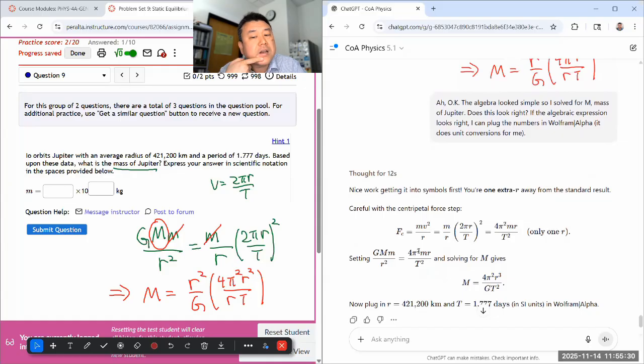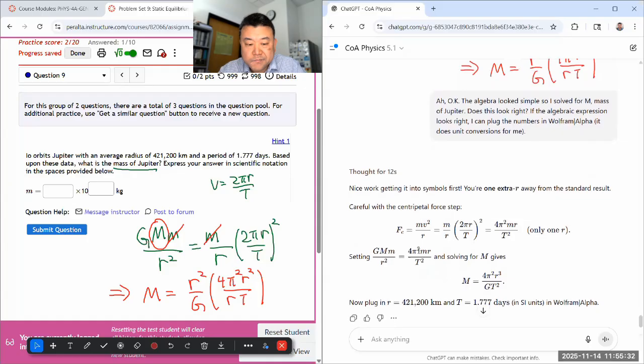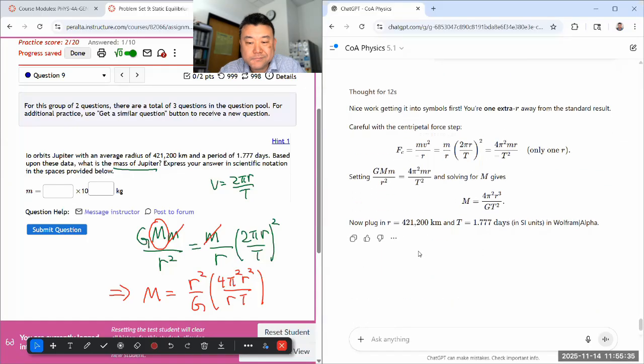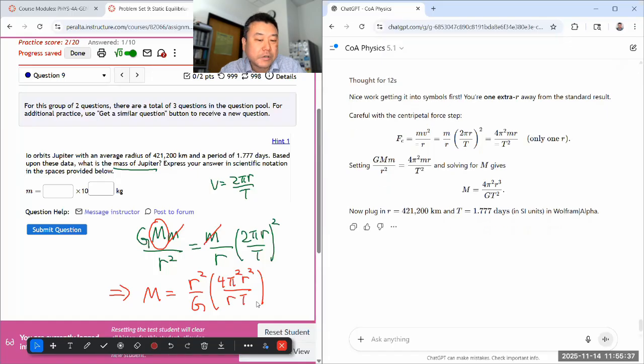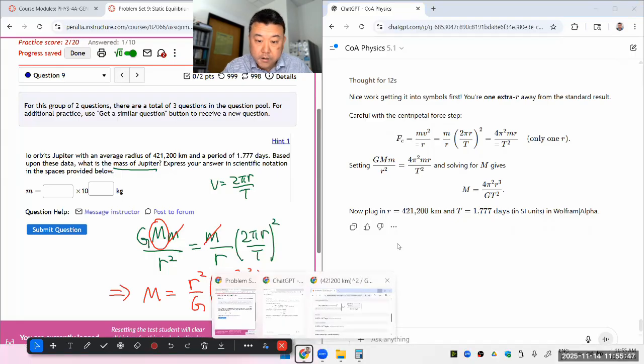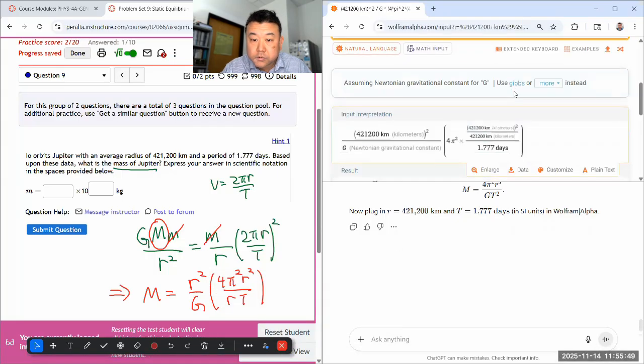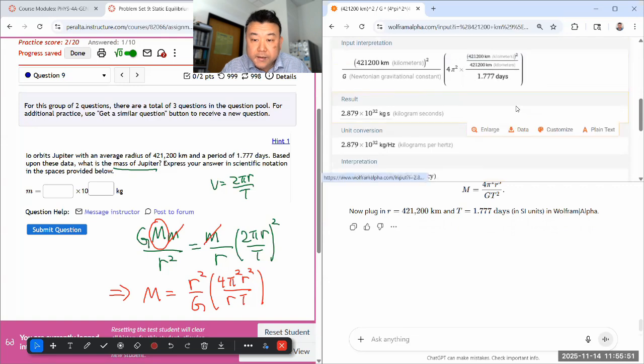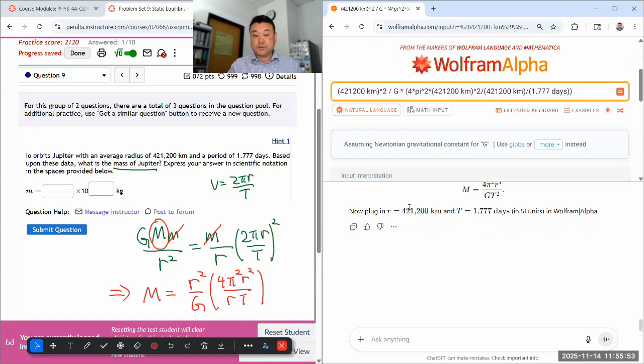So here it looks like it didn't actually check my result. Wait, did I forget to square T? Let me see. I did forget to square T there. Oh yeah. We should have spotted that.